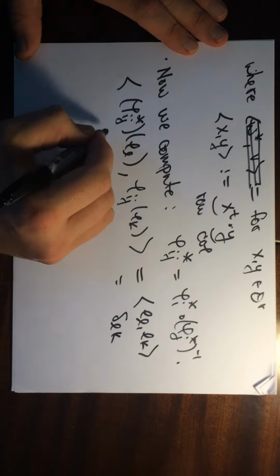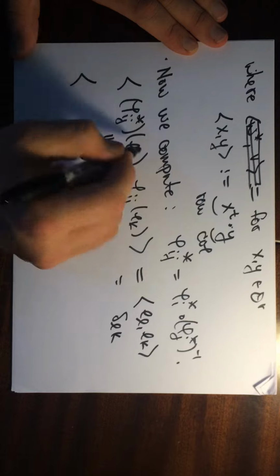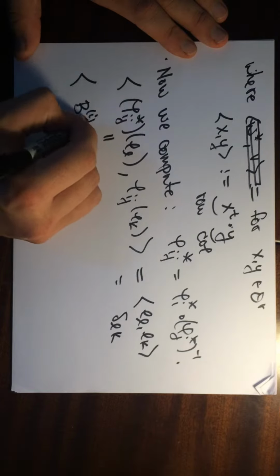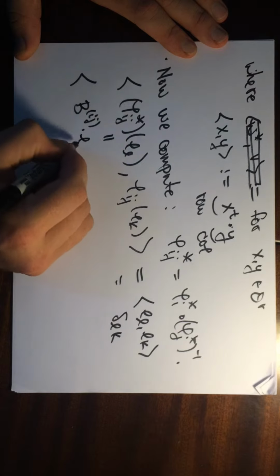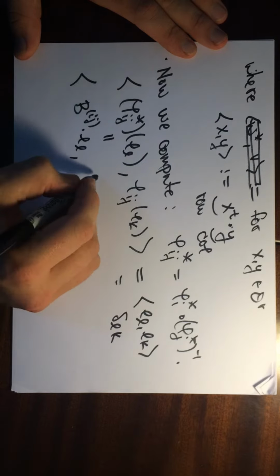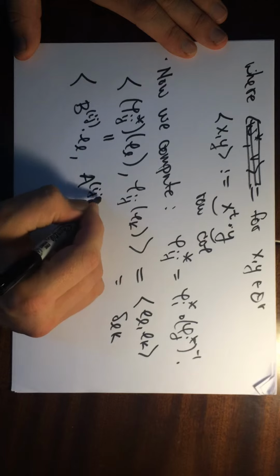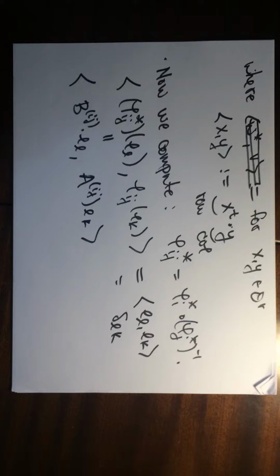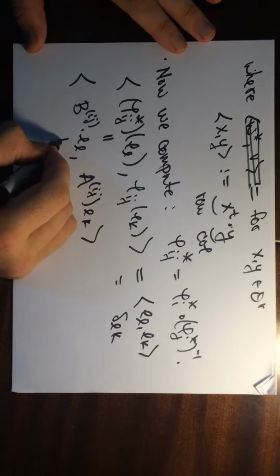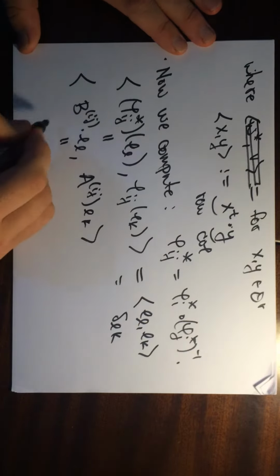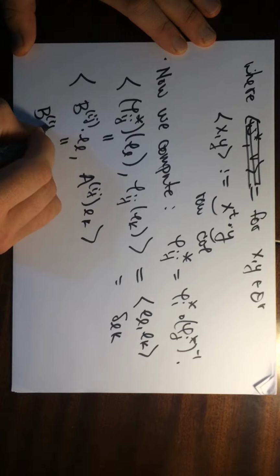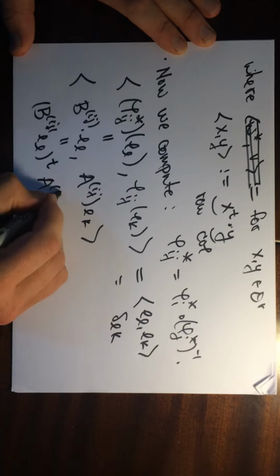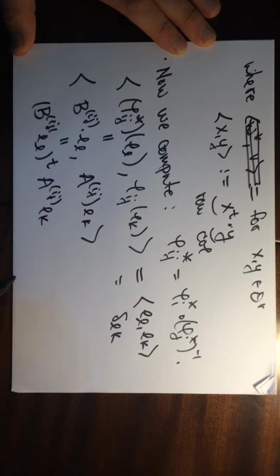Okay, and now this thing here, we're going to write just as a matrix. So this will be B_ij, and this is what the translation matrix looks like. This is matrix multiplication, and then we had A_ij of E_K here. Okay, and now we write out what the definition was. So this is equal to B_ij E_L transpose of A_ij E_K.